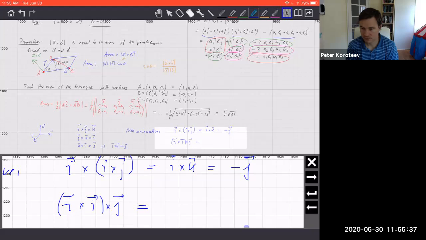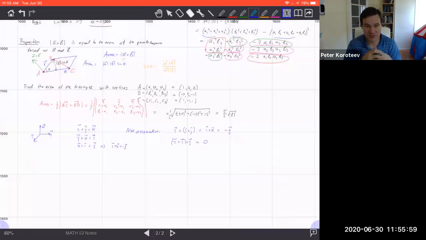What's I cross itself? 0, right? Because the sine of the angle is 0. So from the formula, this is 0, and 0 is not equal to minus J. So associativity does not work. The other properties work. We'll start the next lecture with summarizing the properties of the cross product.